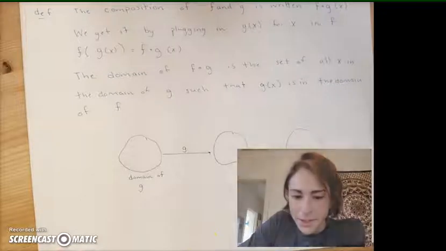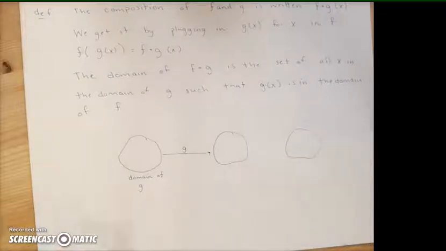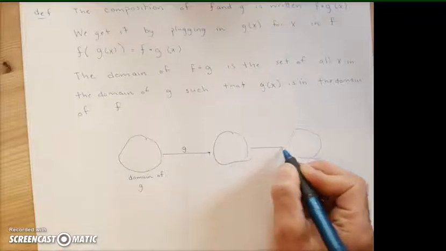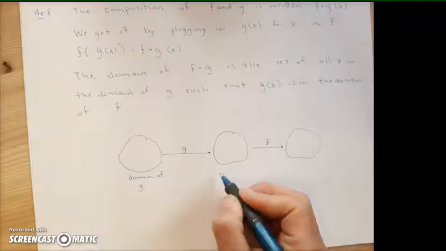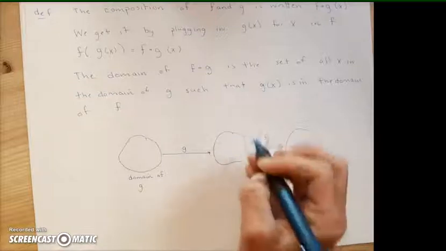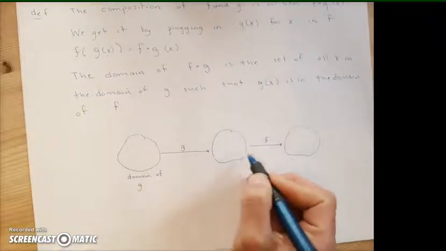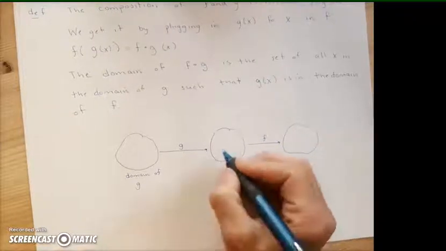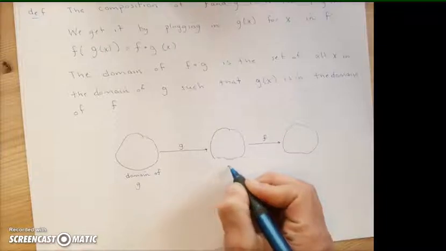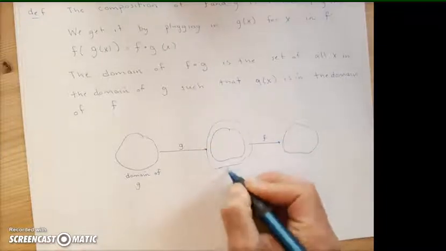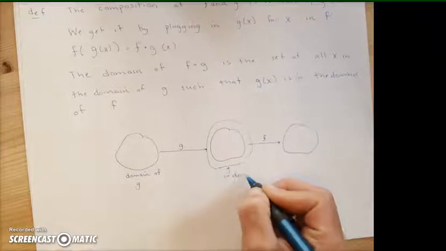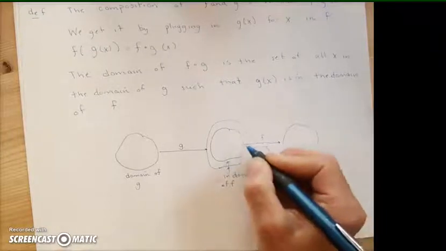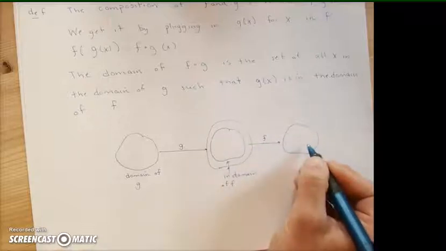Let me get rid of my face so you can see this picture more clearly. Okay. Then we're going to do f. So this set is not only the range of g, but it's got to be in the domain of f also, because we have to be able to plug these things into the f function.